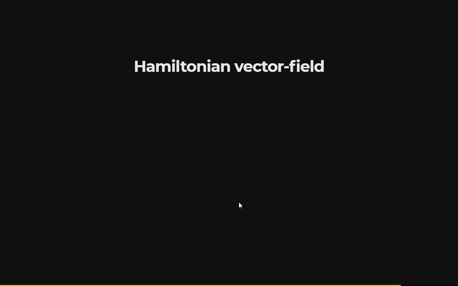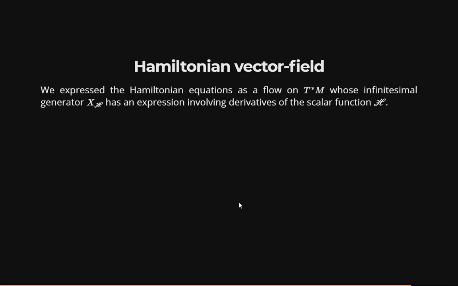Now, the last note I want to make is a bit more on the theory side. So we saw that the Hamiltonian equations could be expressed, it was not that useful, but to fix ideas, as a flow on the cotangent space whose infinitesimal generator, whose vector field was x sub h, and had an expression involving the first derivatives of the scalar function h.